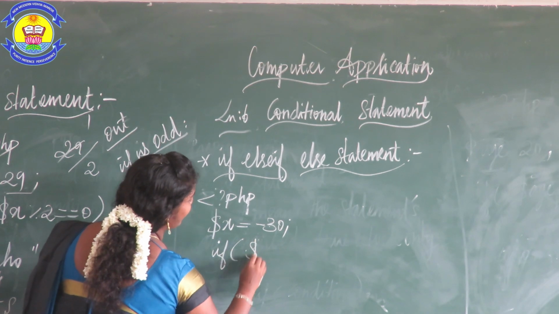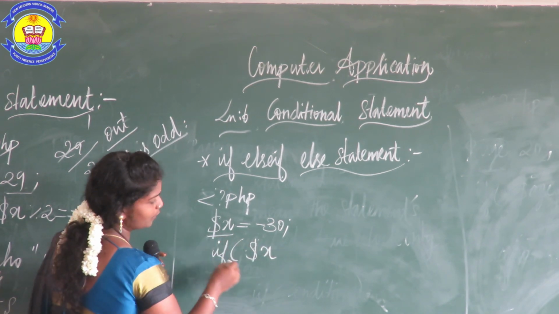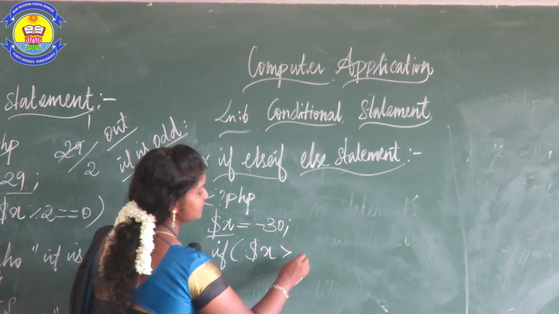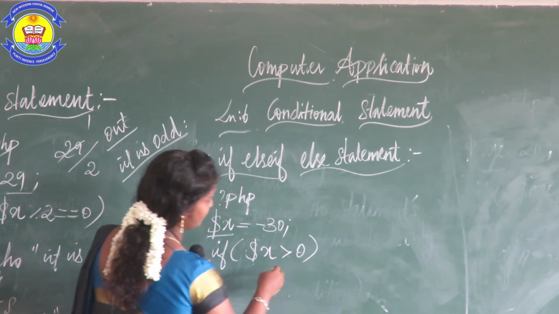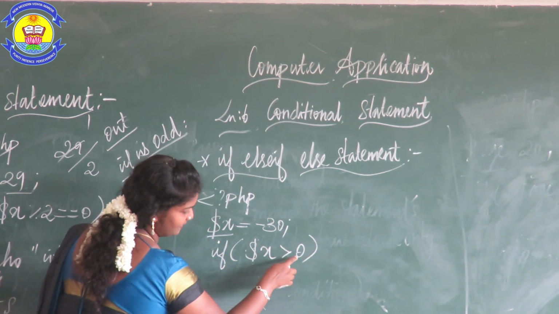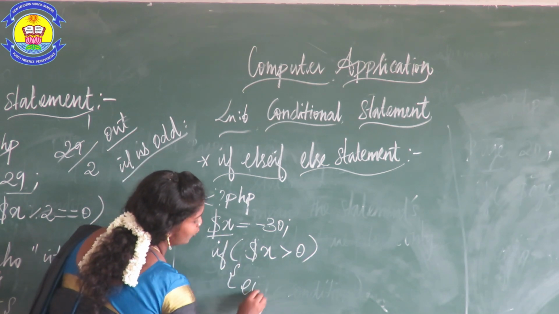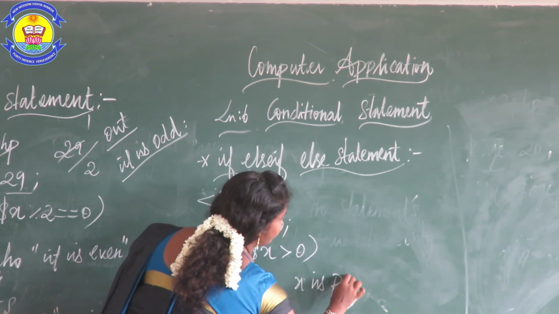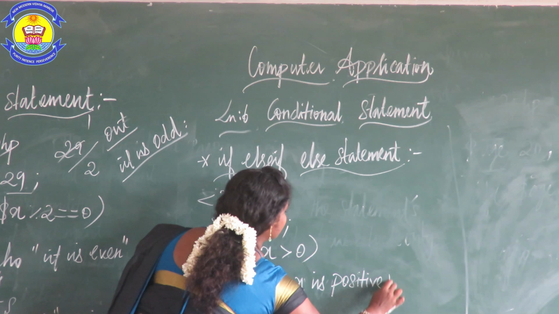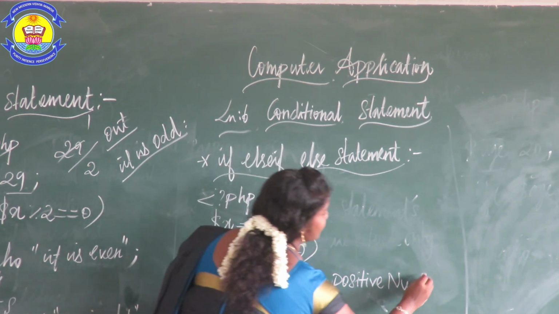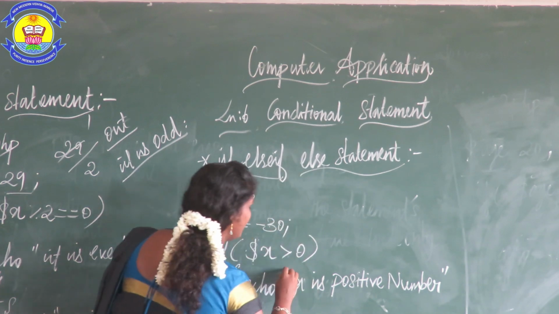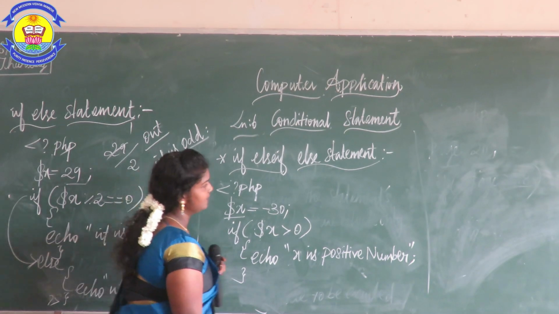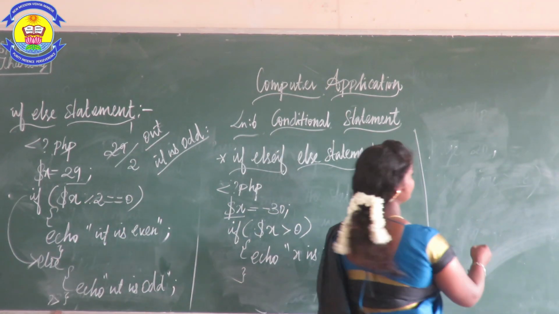If $x, my variable, is greater than 0, it will execute echo "x is a positive number". Is it clear?